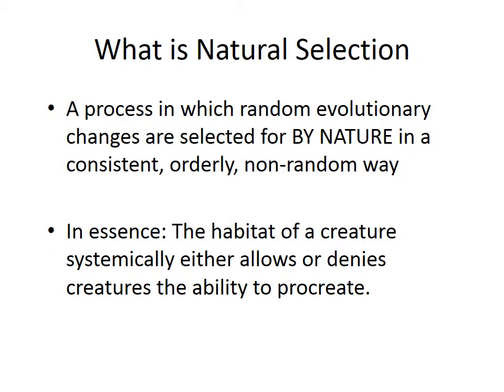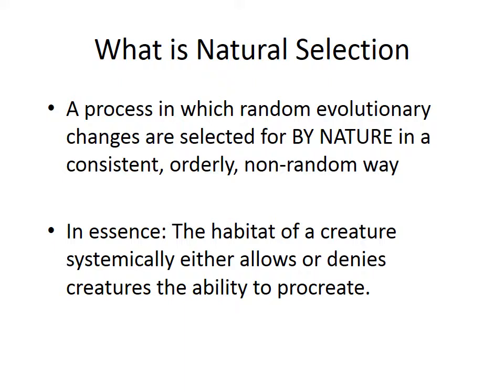You good? Okay. So natural selection is a process in which random evolutionary changes are selected for by nature in a consistent, orderly, non-random way. The key word there is by nature. There are things in this organism's habitat that are causing it to either pass down this evolutionary change or not to pass it down.